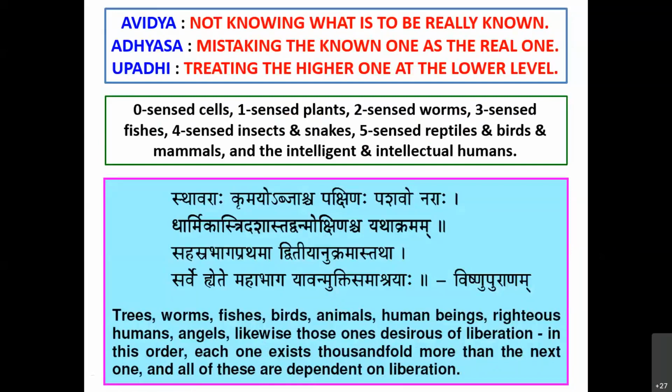Even he will be born again as long as the seed memory remains. For liberation, all these are dependent that way. That is what is avidya. Knowing the one that is to be really known, that is avidya. Because of the avidya, there is adhyasa. Because of adhyasa, there is upadhi.